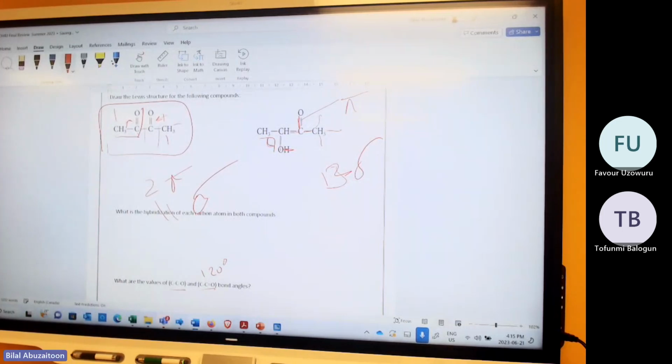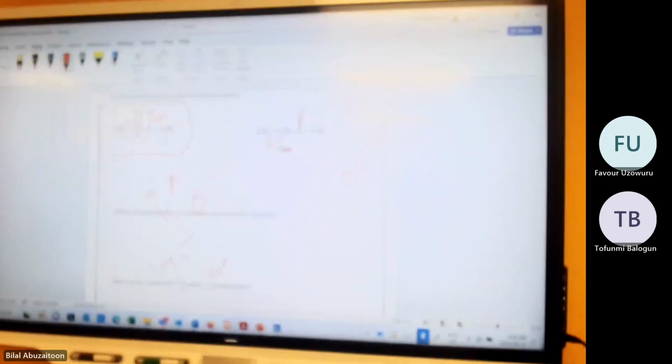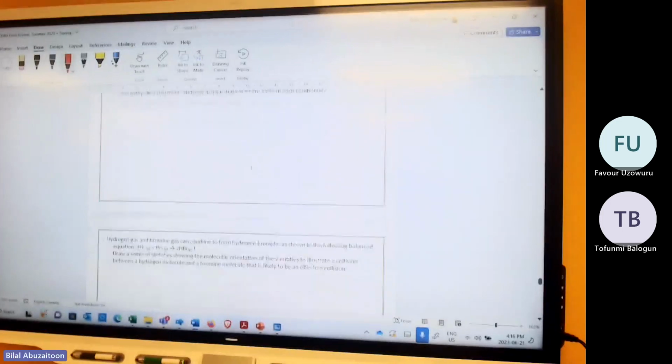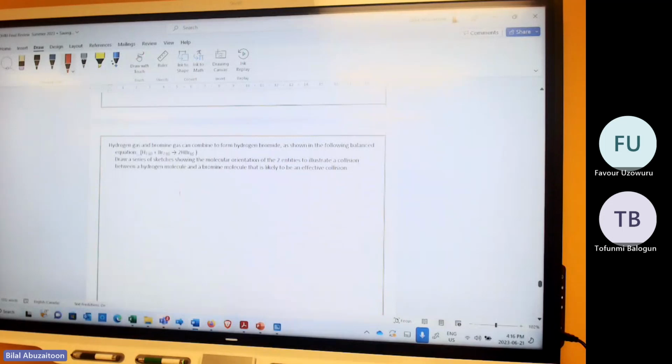No, it's 109.5. The hybridization is sp3. When the carbon makes 4 bonds, it means the hybridization is sp3. The angle is 109.5. Okay. How many bonds? Pi and sigma, we said that.